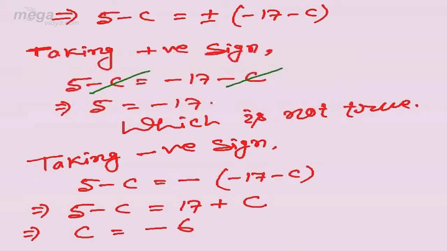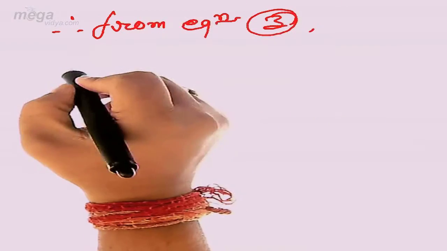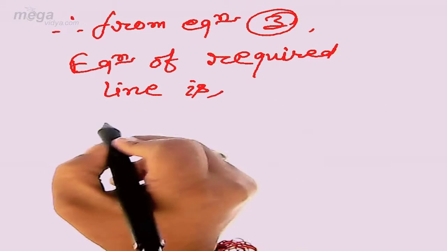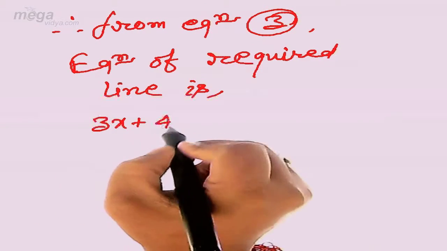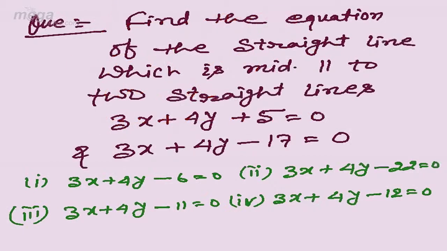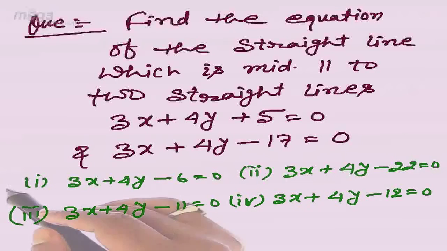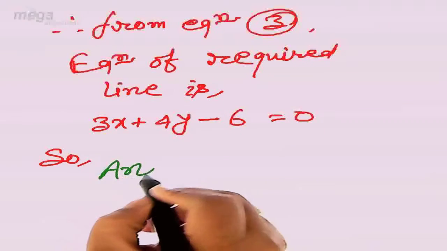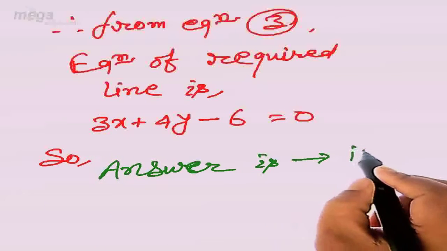Therefore the equation of the required line is 3x plus 4y minus 6 equal to 0. Hence from the given options, the correct option is 3x plus 4y minus 6 equal to 0, that is equation number 1.